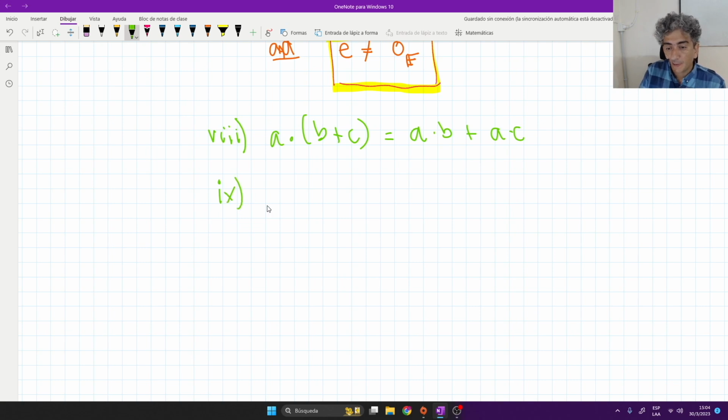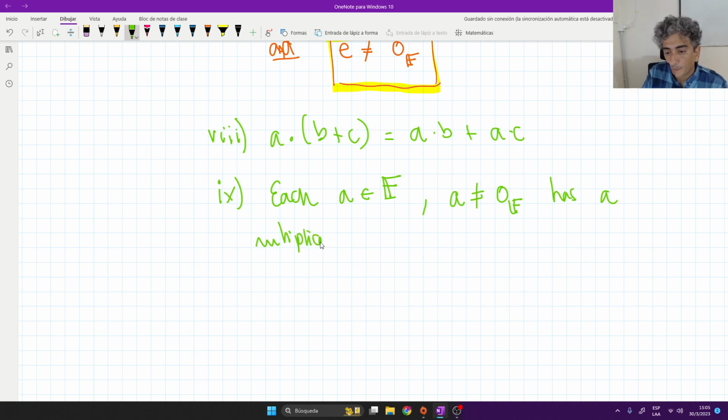Number 9, each A in F that is not 0 has a multiplicative inverse.